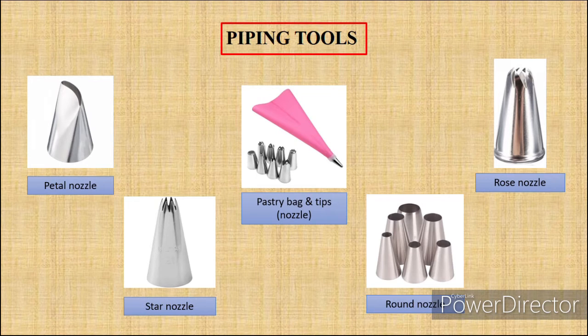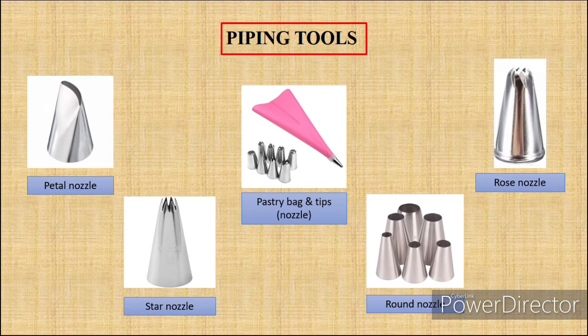Okay, to design borders and other extra details, you can use piping tips or nozzles of varied shape and size. I will show you examples of the different designs of nozzle. These small cones are configured to produce different designs when icing is squeezed through them.